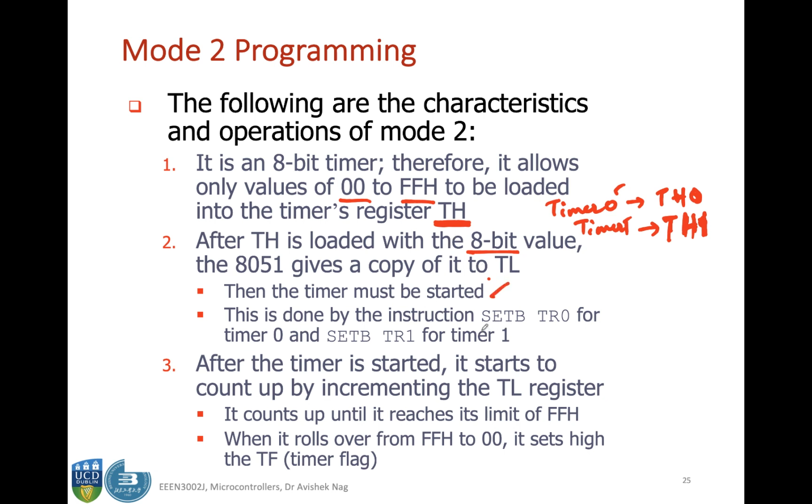This is done by setting TR0 to 1 for timer 0 and TR1 to 1 for timer 1. After the timer is started, it starts to count up by incrementing the TL register, okay.